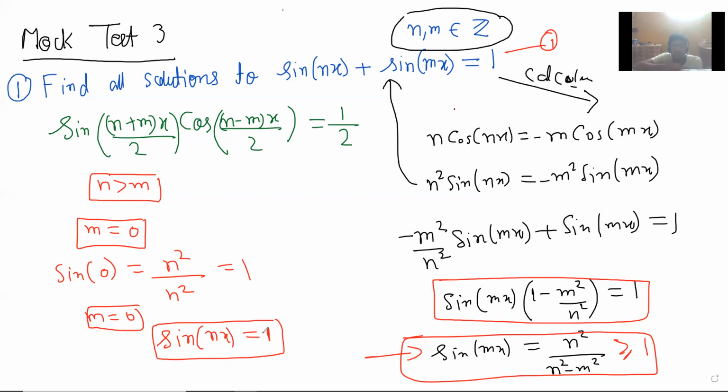Actually, we can do that, but somewhere in the story it should be consistent. No, but finding solutions is no question of consistency in the sense that something here is wrong, because if there are solutions, here also we can take n equal to 1 and m equal to 0 and we are finding solutions.